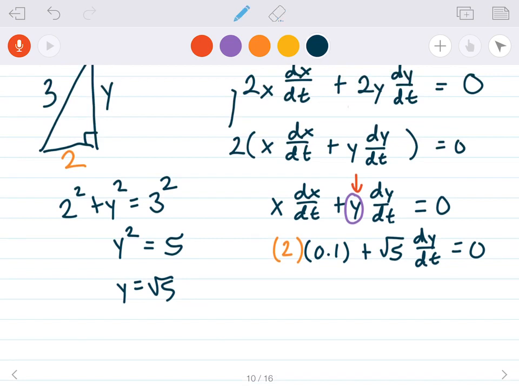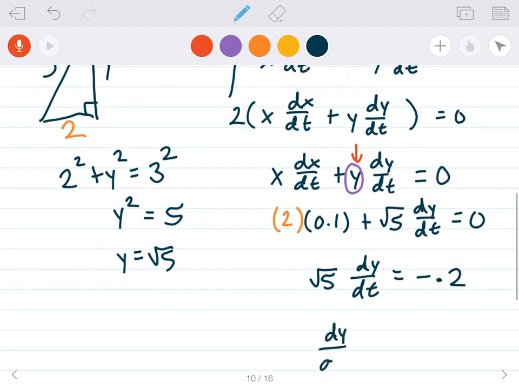If we subtract 0.2 from both sides, we have root 5 times dy/dt is equal to negative 0.2. And then we're going to divide both sides by root 5.